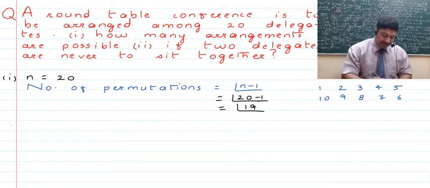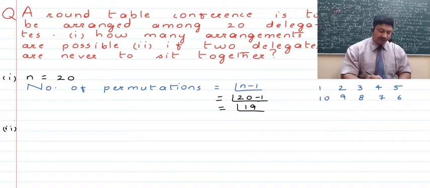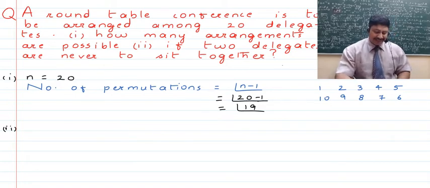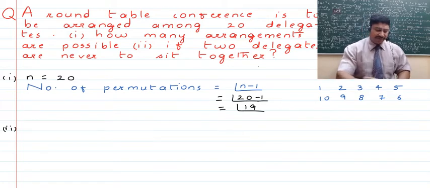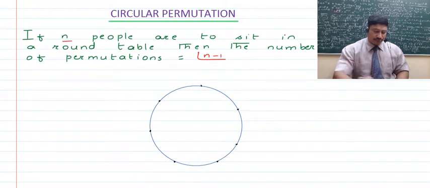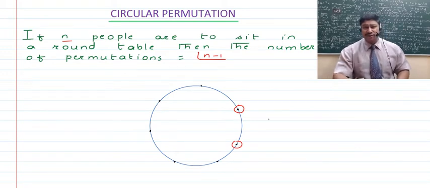Now we come to the second part, which is a little different. In the second part, children, we've been asked if two delegates are never to sit together, then you've got to find out the number of permutations which are possible. So like we discussed just now, suppose we have this round table conference in which we talk about this person and this person, both of these persons are not to sit together, because if they sit together, there'll probably be some sort of altercation.